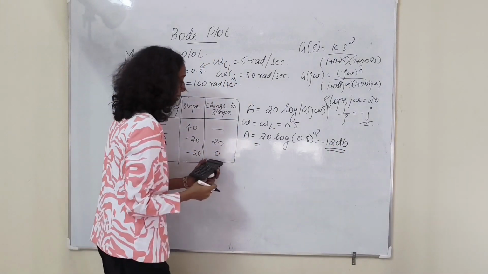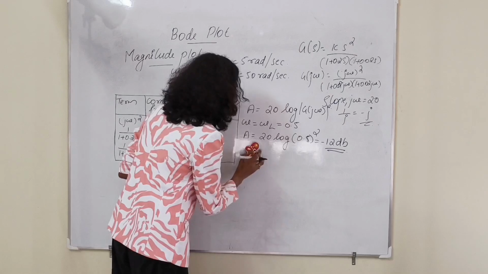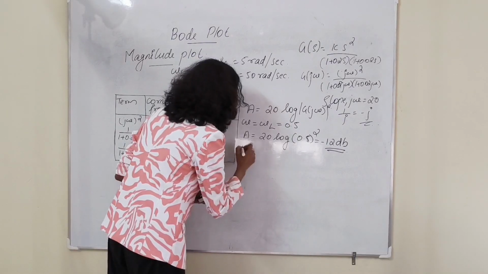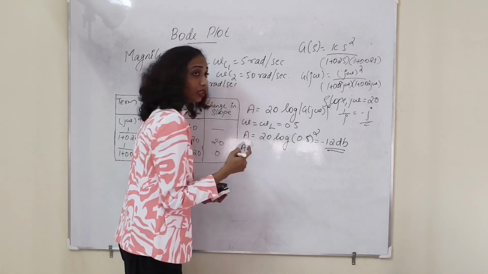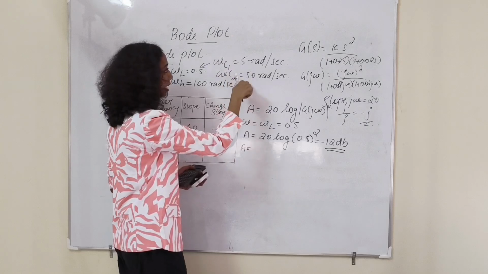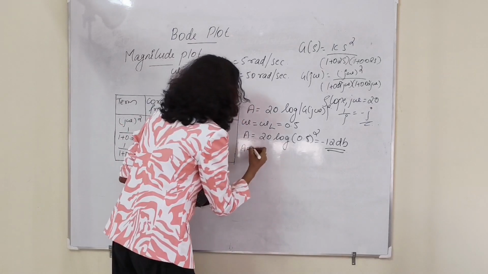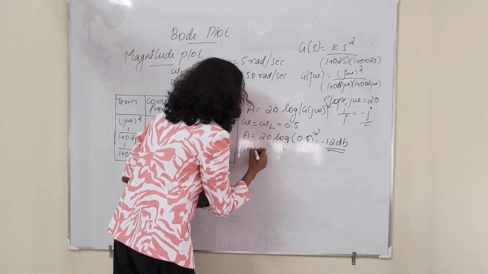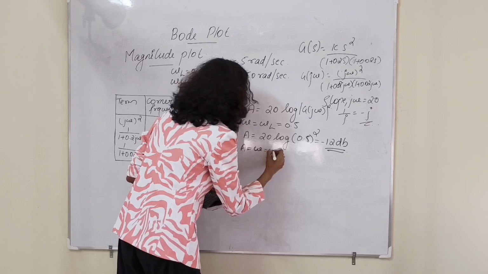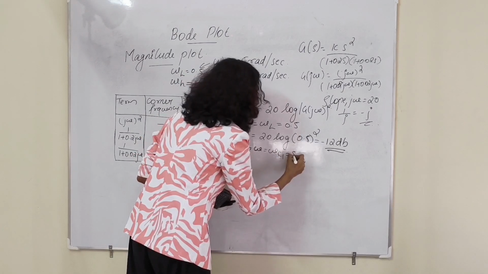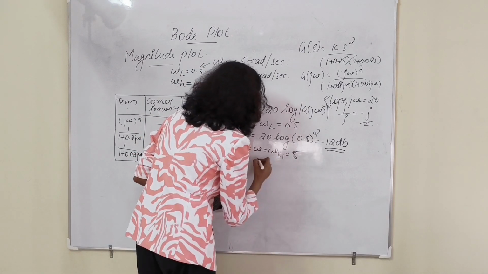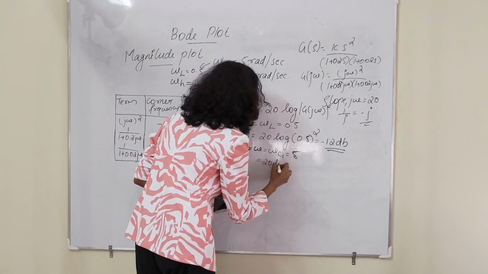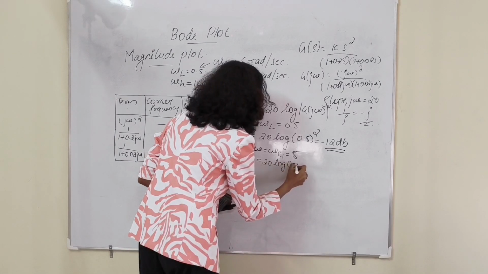Then the next gain: you need to substitute the frequency values in ascending order. So at the next, omega is equal to omega C1, which is 5 radians per second, that is 20 log 5 square.